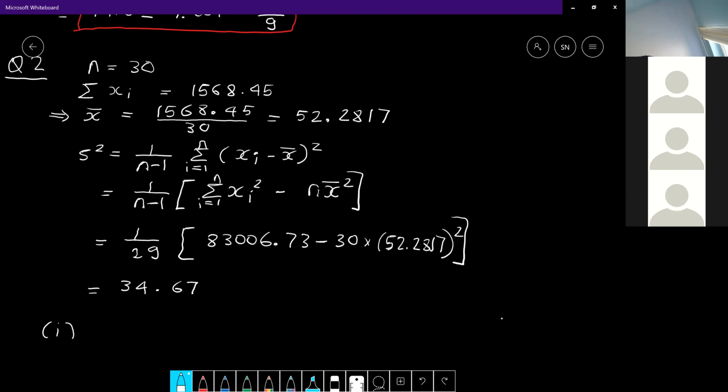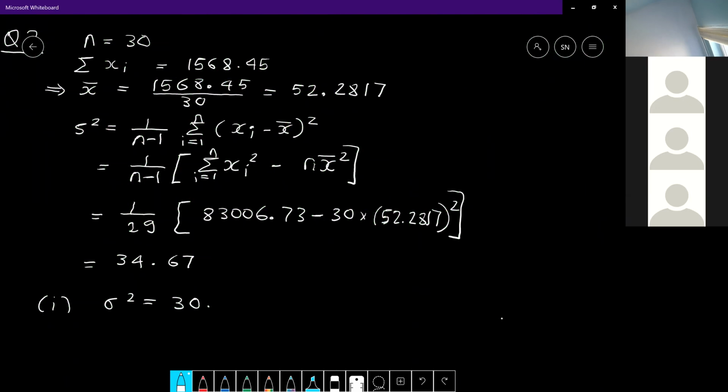All right. Now let's look at the first part of the question. You are told that sigma squared, the population variance, is 30. So in other words, we are assuming that the population variance is known. The confidence interval for the mean, you should remember from my lectures way back, in this case is given by this formula.